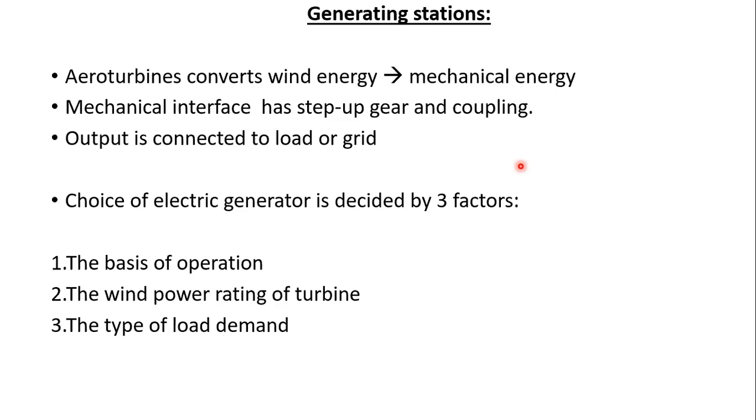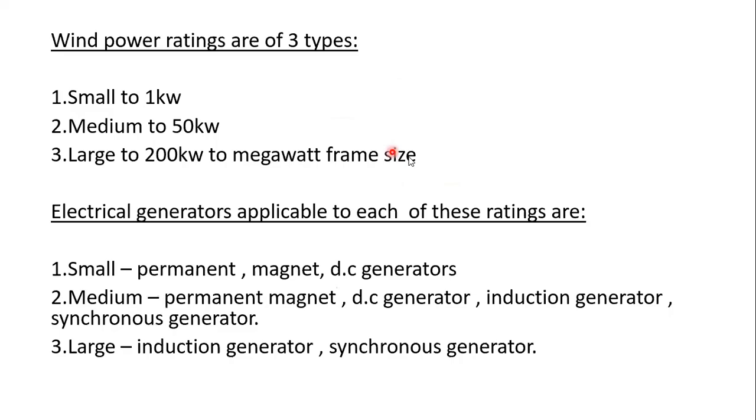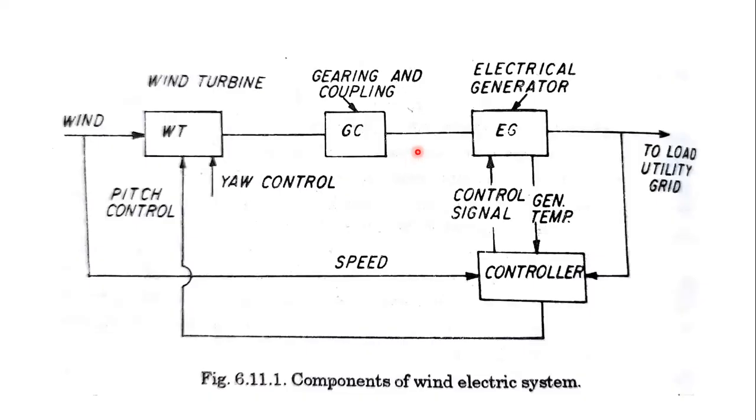The basic components of the wind electric conversion system are shown in this figure. See, these are the components of the wind electric system. We have the wind turbine and air control.